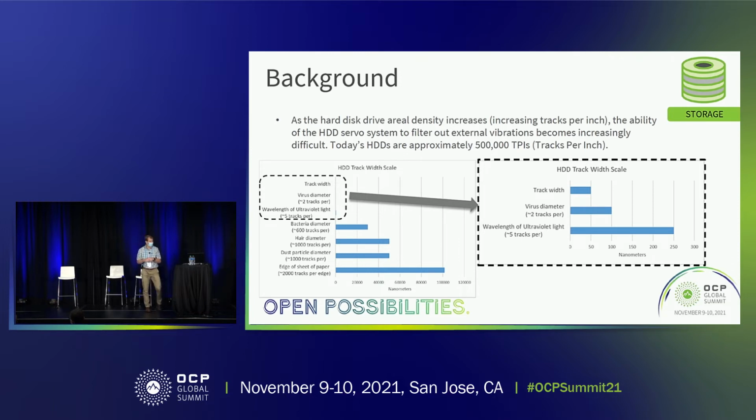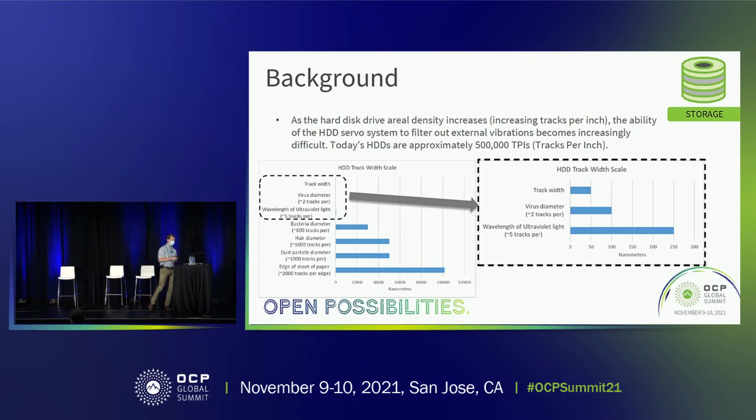On the left, at the bottom, if you take a sheet of paper and turn it on its side and look at its edge, you can put 2,000 tracks on that edge at 500,000 tracks per inch. And in the coming years, we're going to go to 700 and 800,000 tracks per inch. It just shows how small this is.